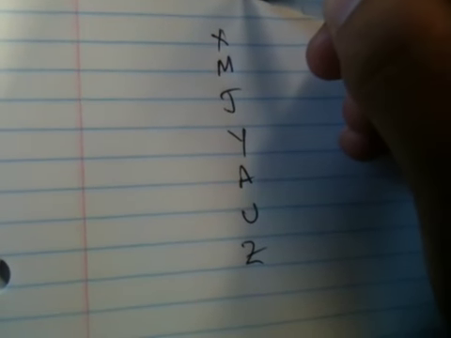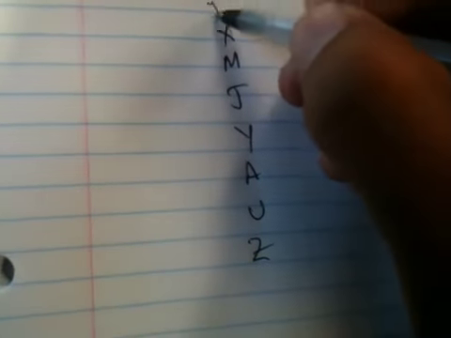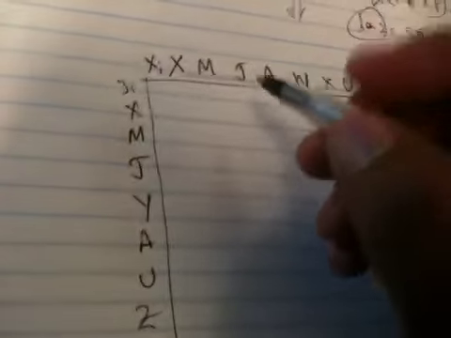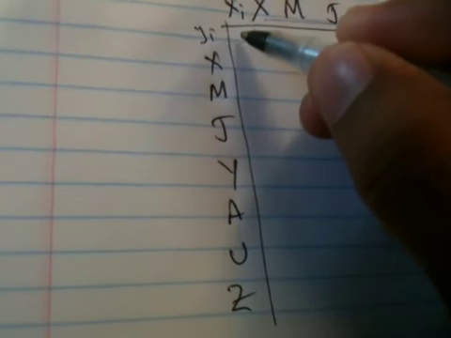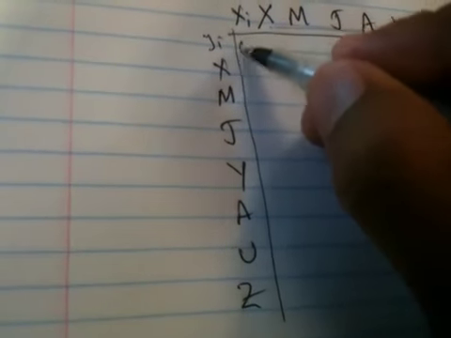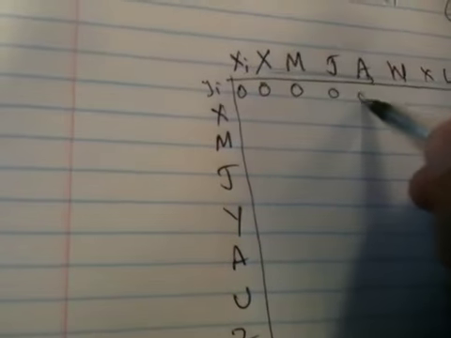The first column and the first row will always be 0. This one is the first column, and this first row is all zeros. The first column is all zeros. Then we must start working on the program.